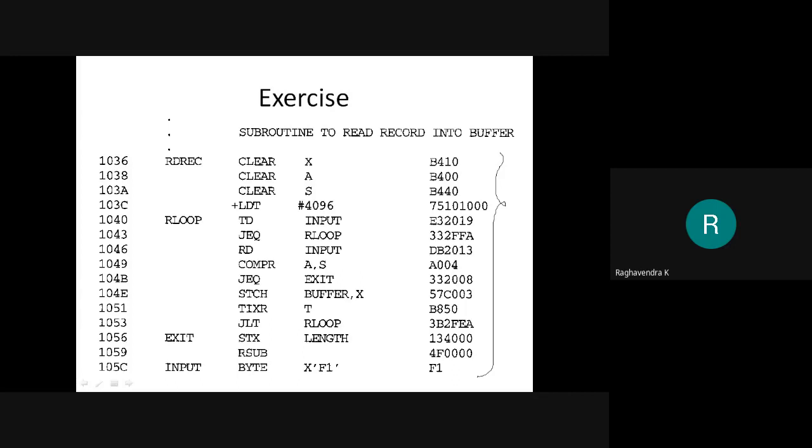If not, take a snapshot of this and try to verify before coming to the next session. Verify your answers with what is present here. I would like everyone to try this out. You have to get these values as the object code.